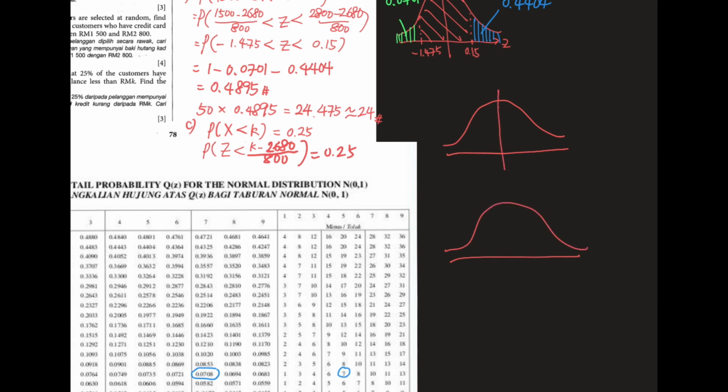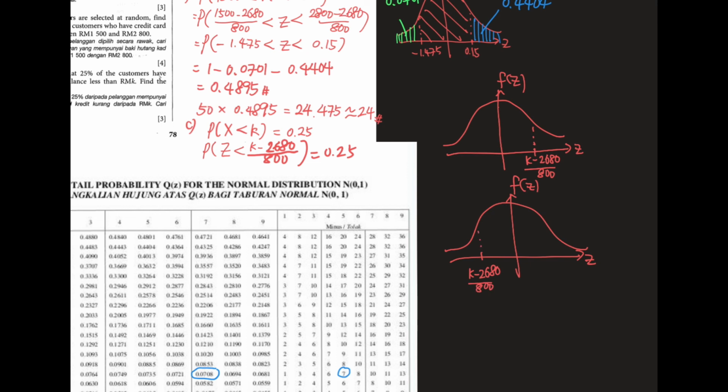So again, I will draw out both and we use common sense to determine that. Okay, so I draw out both values. If that fraction is positive, then it's going to be here: K minus 2680 over 800.